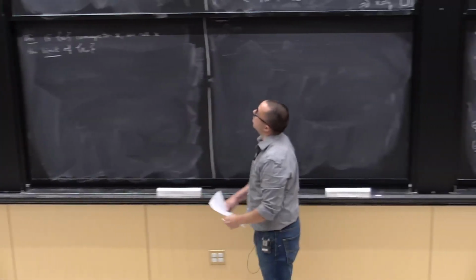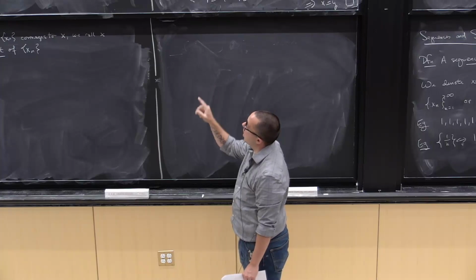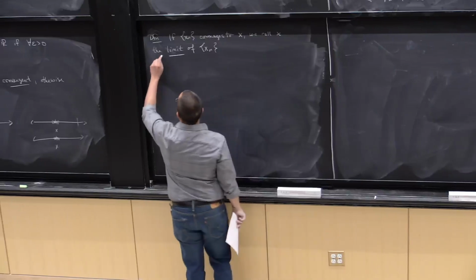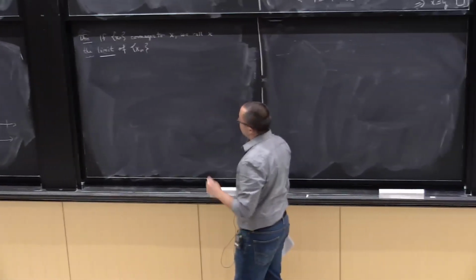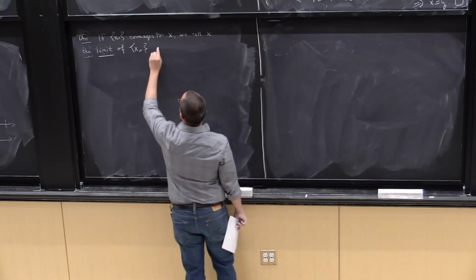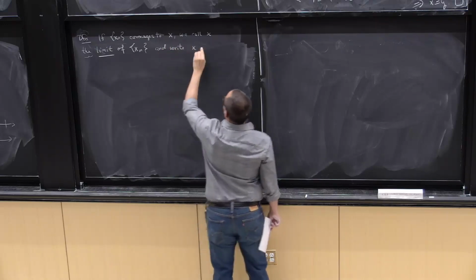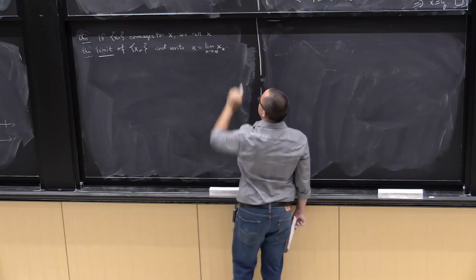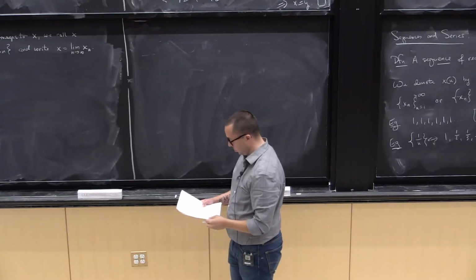The fact that I've shown that there's only one value a sequence can converge to is why I get to use the word "the". So not "we call x a limit of x of n". It's the limit because there's only one, if one exists. And write x equals the limit as n goes to infinity of x of n. Okay?